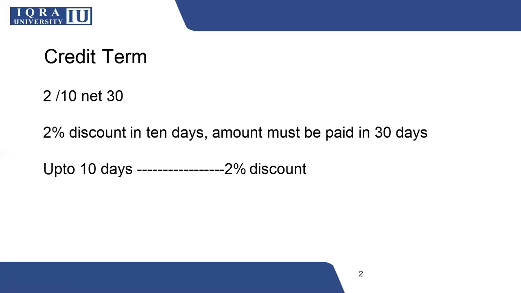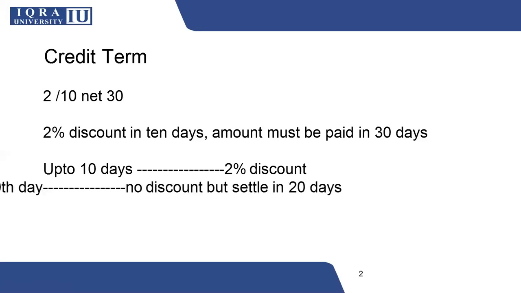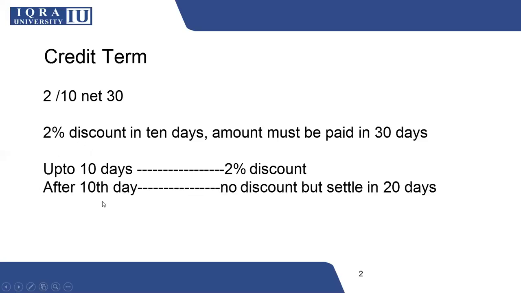If in any case you are unable to pay it in 10 days, what will happen? After the 10th day, no discount will be allowed by your supplier, but you must settle in 20 more days. Student, I'm taking this 20 days because the total days given was 30. Since 10 days already passed and you didn't pay, you can avail a maximum of 20 further days up to which you must settle this amount.